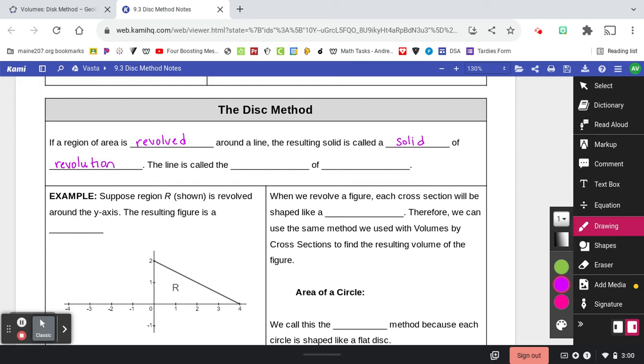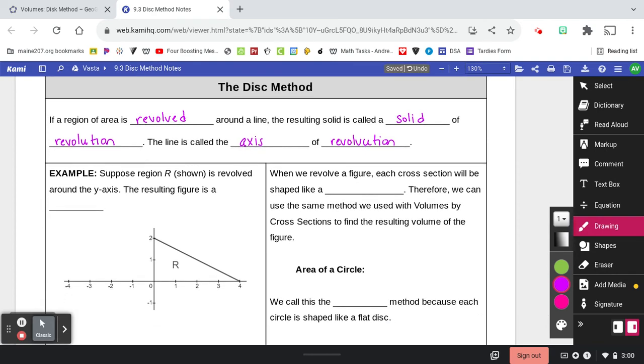And the reason we call it that is because it's formed by revolving something. The line that you're spinning your shape around is called the axis of revolution. So it kind of tells you this is the line about which everything is being spun.